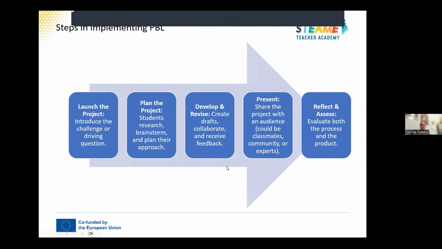The steps for implementing project-based learning. We have the launch of the project, where we introduce to our students the challenge or driving question. Students research, brainstorm, and plan their approach. They develop and revise, create drafts, collaborate, do some investigations and actions, and receive feedback from the teachers.